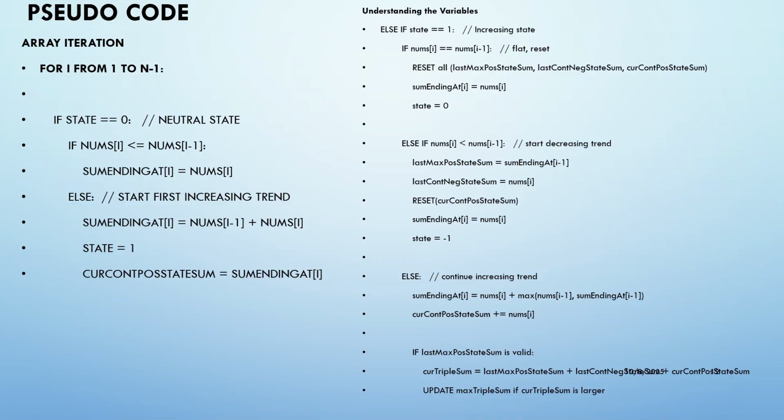It will be when all three segment sums have valid values. So let's say the first segment sum, second segment sum and third segment sum, if all three are available, that means now you can calculate your current triple sum. That means there exists a valid Trionic subarray ending at index I. So you will calculate the sum by adding them all, and you will update the maximum triple sum.